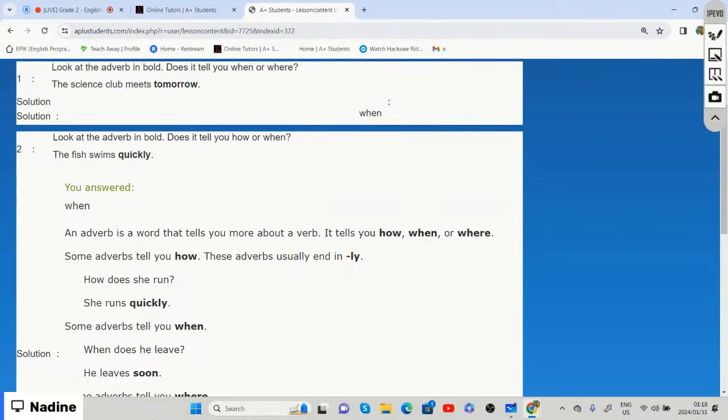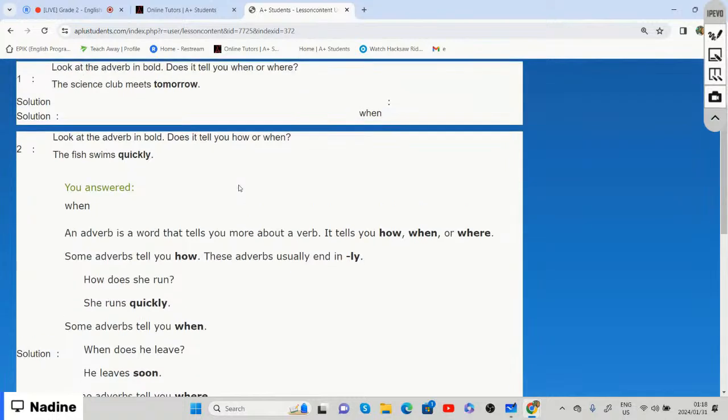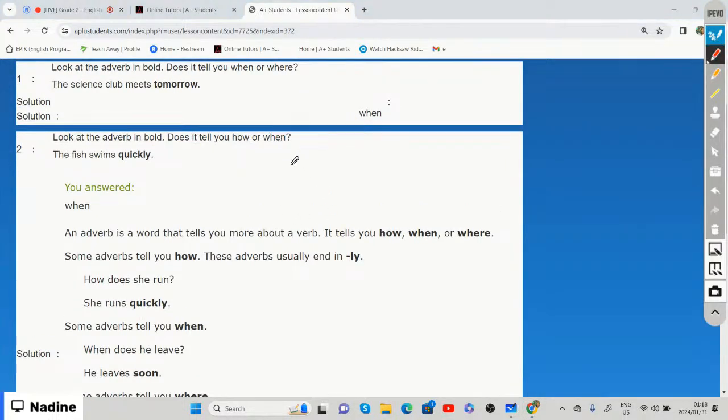If they say the fish swims quickly, then quickly is saying how. Quickly is like how. And remember, we also said that if we say how, the word also ends with ly.